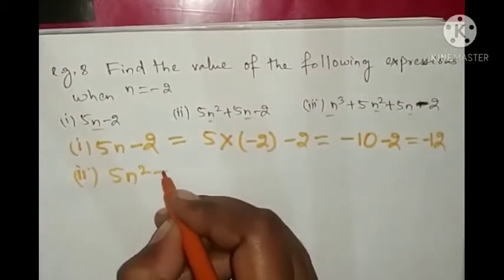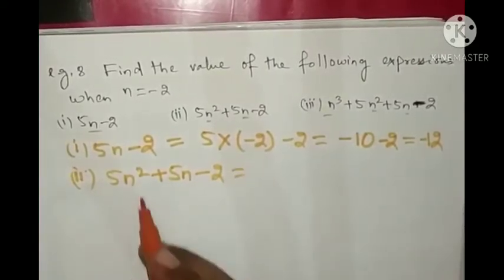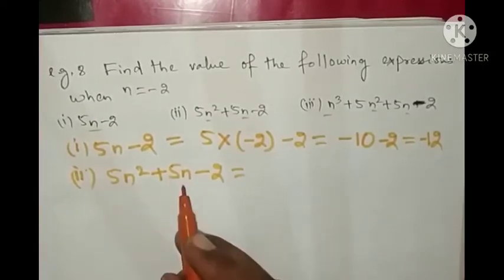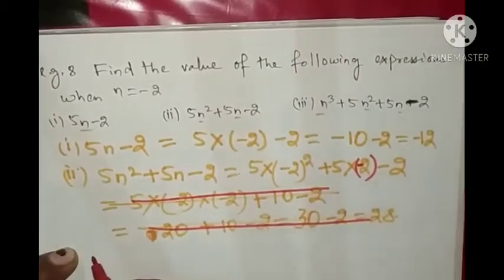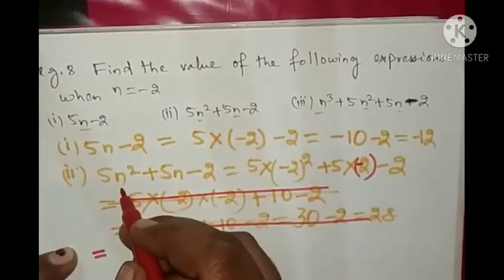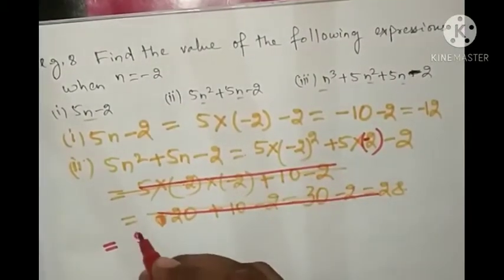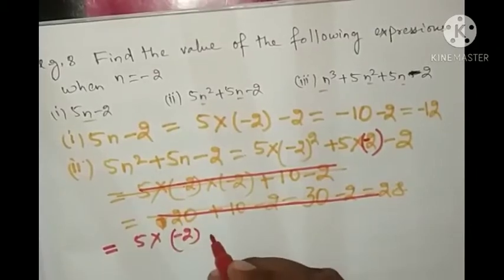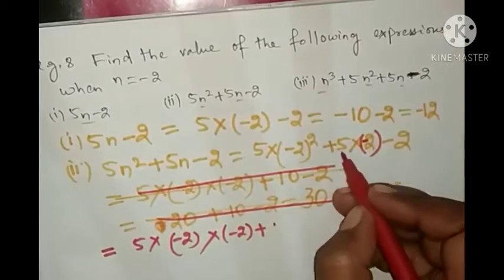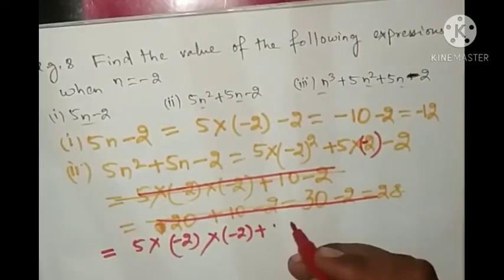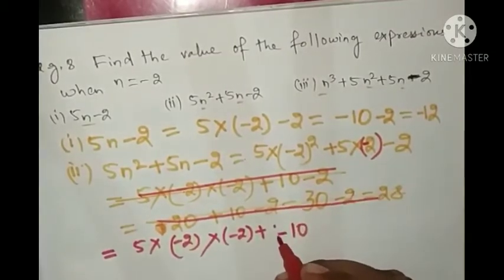Next, 5n square plus 5n minus 2. So look at here. Wherever n is there, we will put the value minus 2. Because here n value is minus 2. So write down 5n square is how much? 5 into minus 2 into minus 2 plus 5 into minus 2 is how much? 10, and plus into minus is how much? Minus.